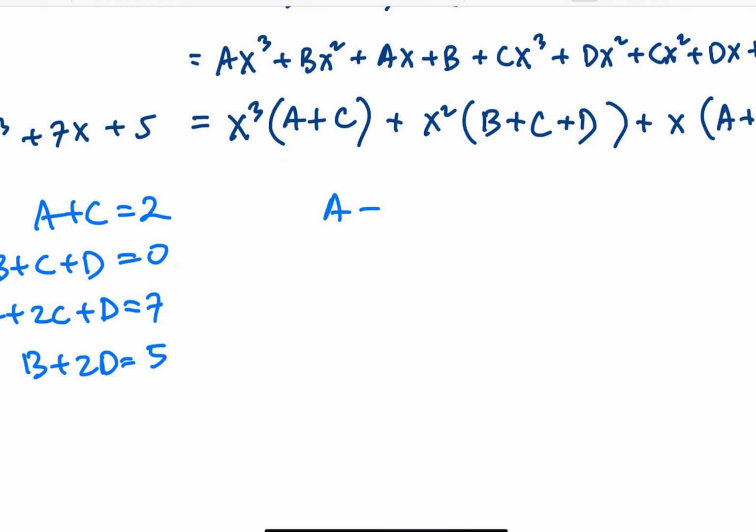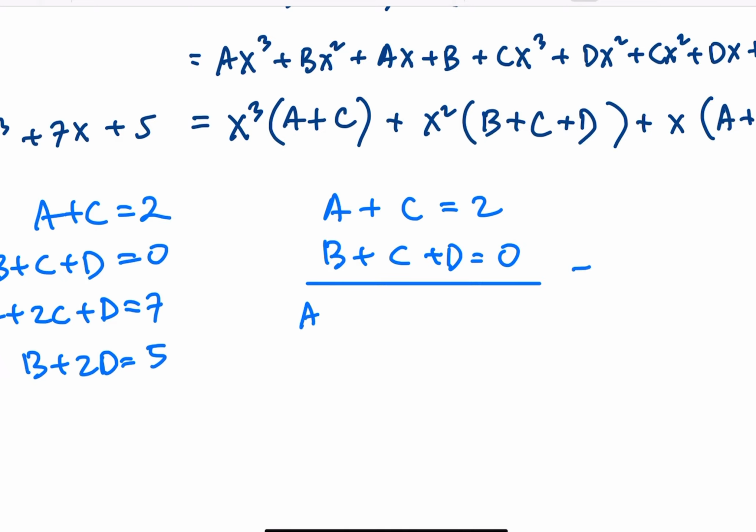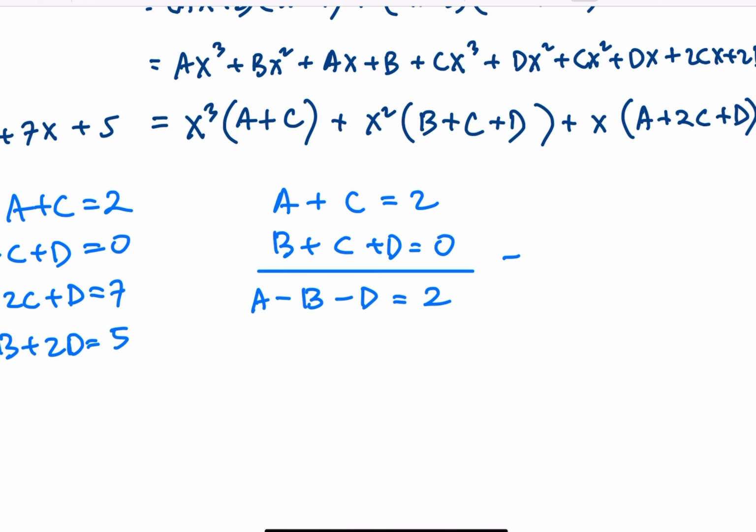Okay. Substitution or elimination. So we have this, we have this. Let's just subtract this. And this will be b plus 2d equal 5.